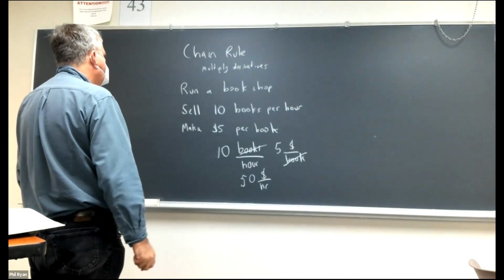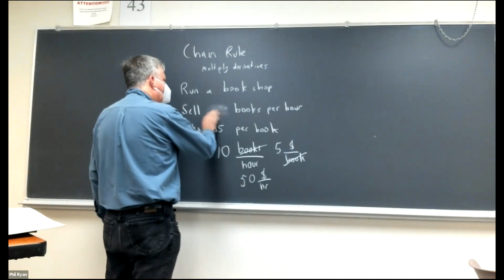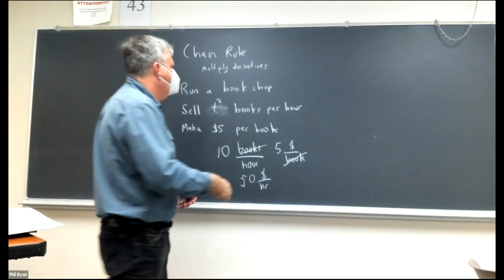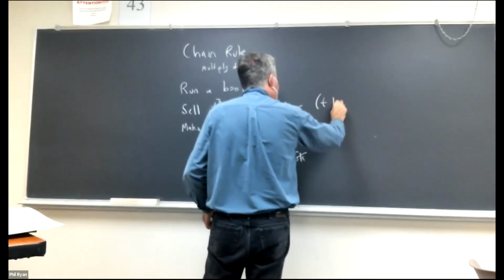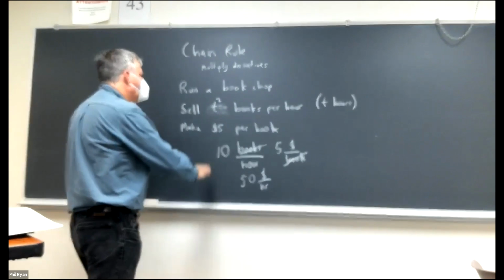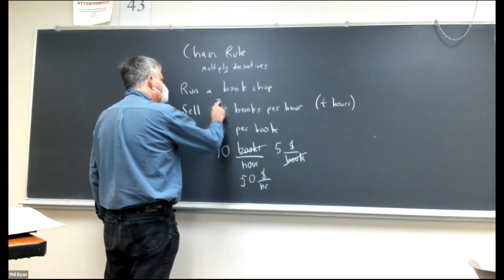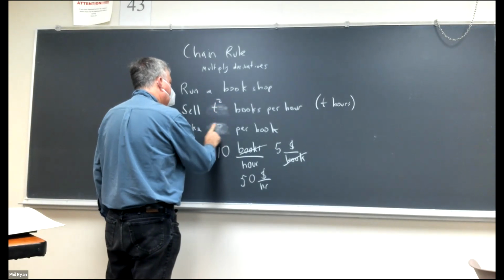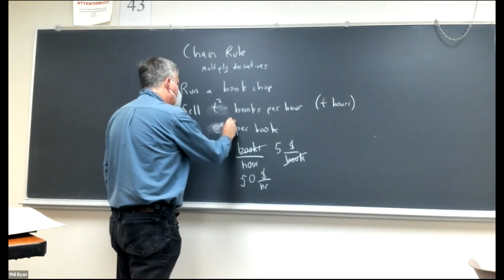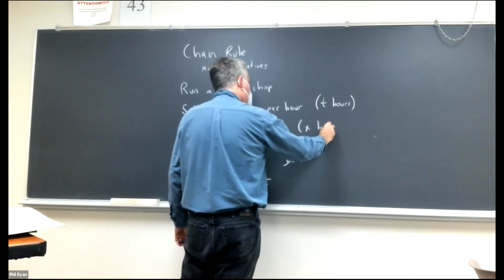Let's say we sell t squared books per hour, where t measures hours, and we make e to the x dollars per book, where x is the number of books.